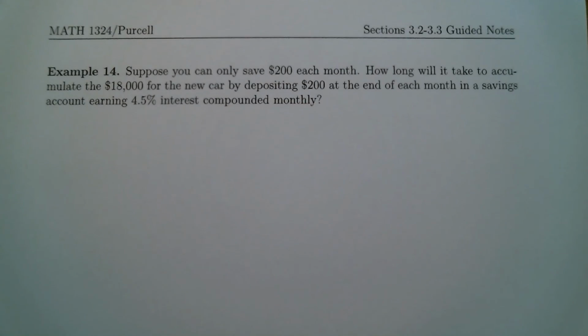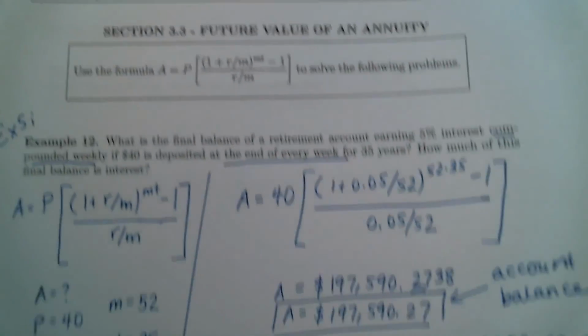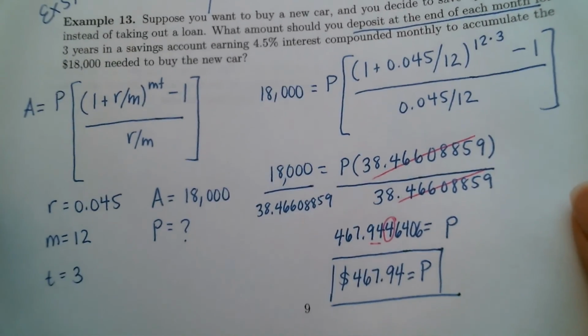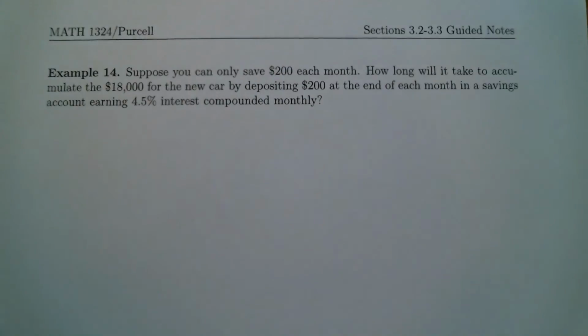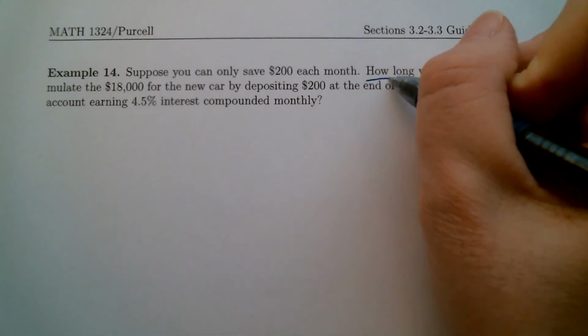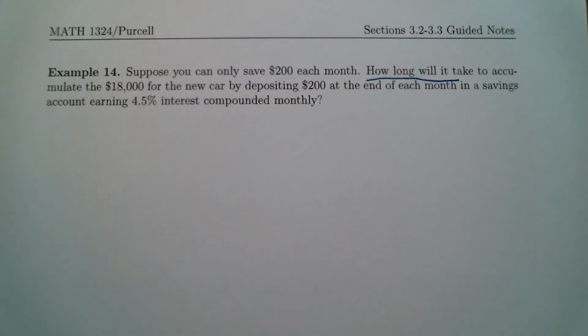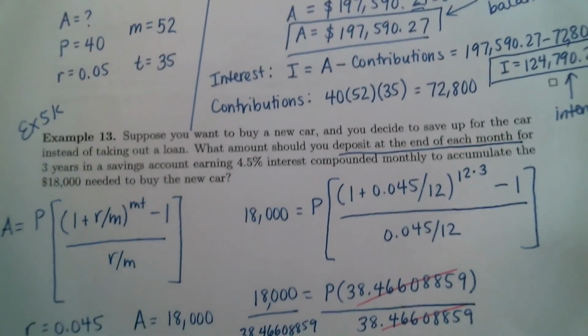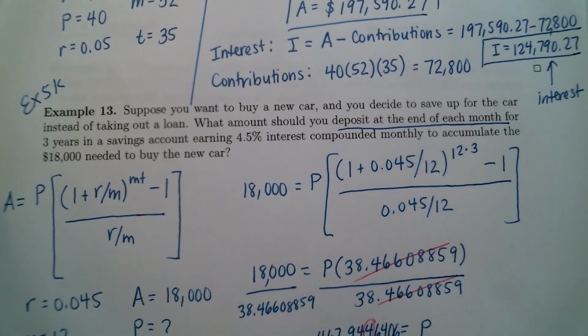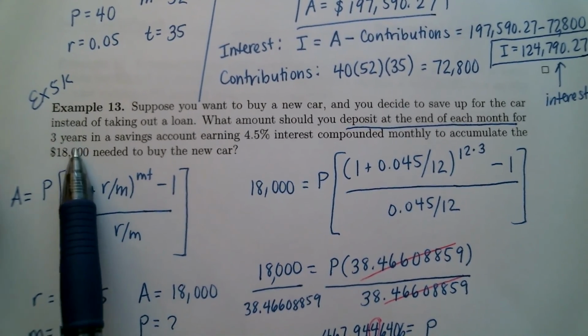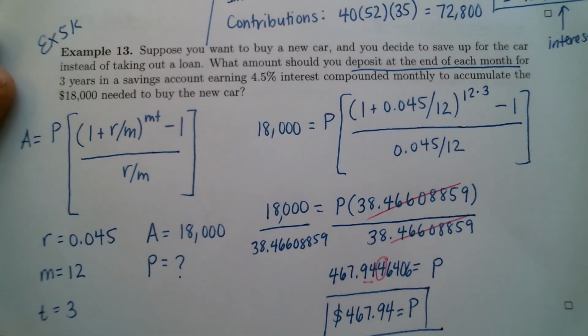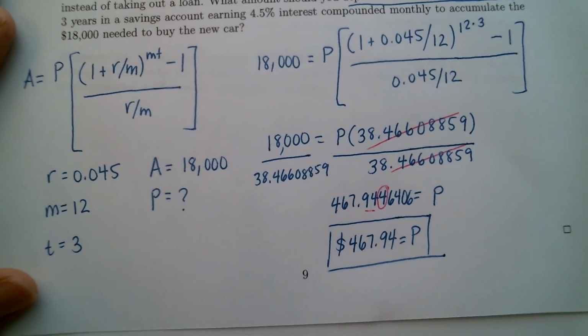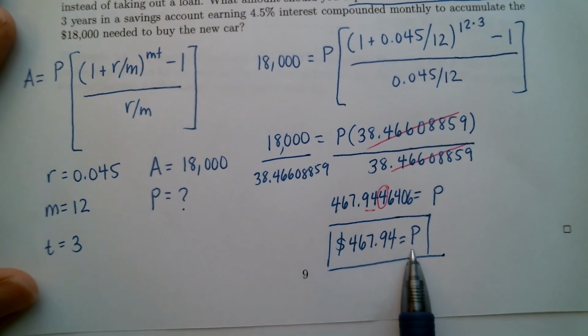Well, we have an idea of what our answer is going to look like. Again, when you look at this question, the question is how long will it take? So you're solving for time. Back when we said it was going to take us 3 years to save the $18,000, we said that we needed to save $467.94 per month.